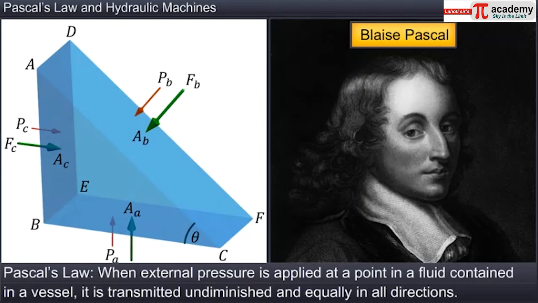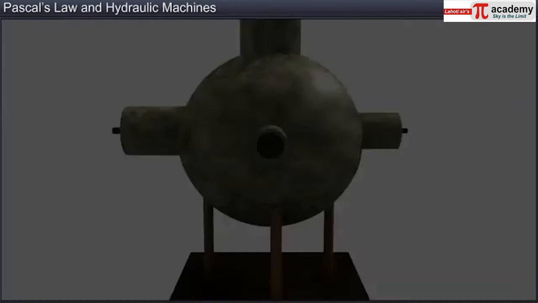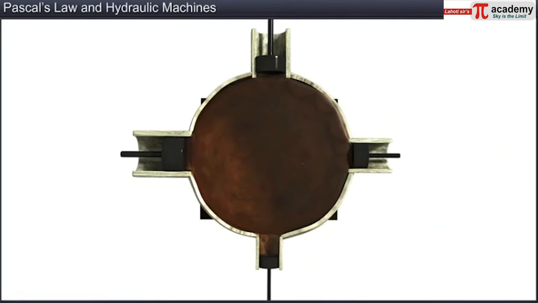Let us understand it in detail using an activity. Consider a spherical vessel containing 4 cylindrical tubes A, B, C and D of area of cross-section A, 2A, 3A and 4A.